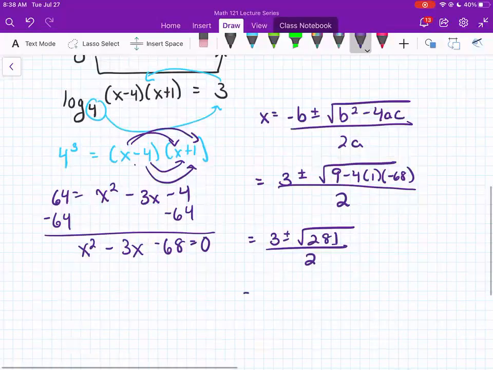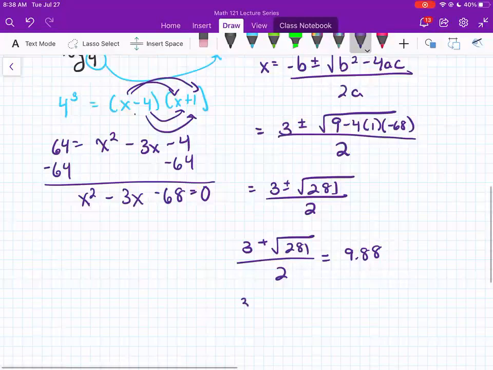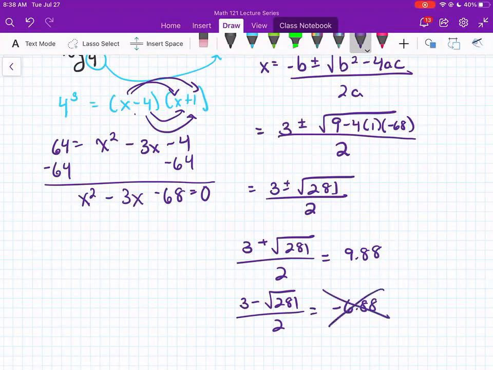When I do the positive version, 3 plus the square root of 281 over 2 is approximately 9.88. And when I do 3 minus the square root of 281 over 2, I get negative 6.88. The negative answer cannot be true because we cannot take the log of a negative number here. So we are going to have to eliminate that answer, and 9.88 is our only answer.